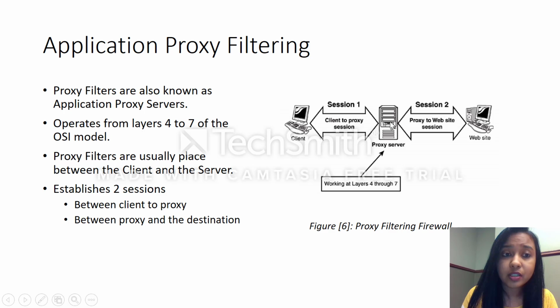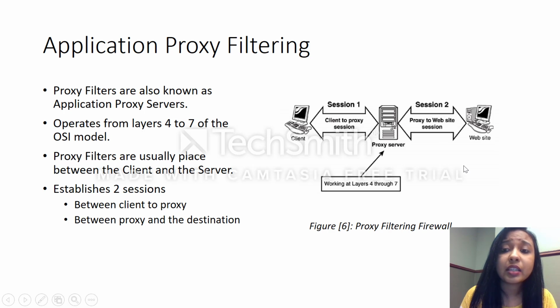the application proxy filter or the application proxy servers monitor the traffic between the client and the proxy server, and then the traffic is directed, based on user authentication and validation, to the corresponding destination website.